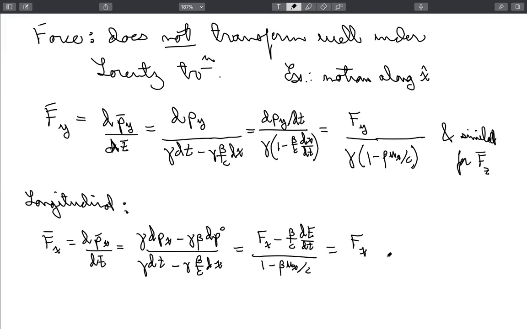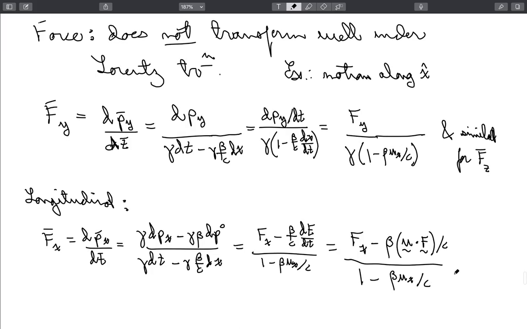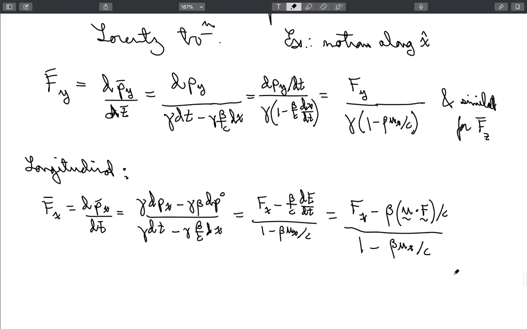And the cleanest way of writing this is as follows: Fx minus β, and now u·F, all over c, divided by 1 − βux/c. Okay, so that's the transformation law for the force. You see, it's not very nice.